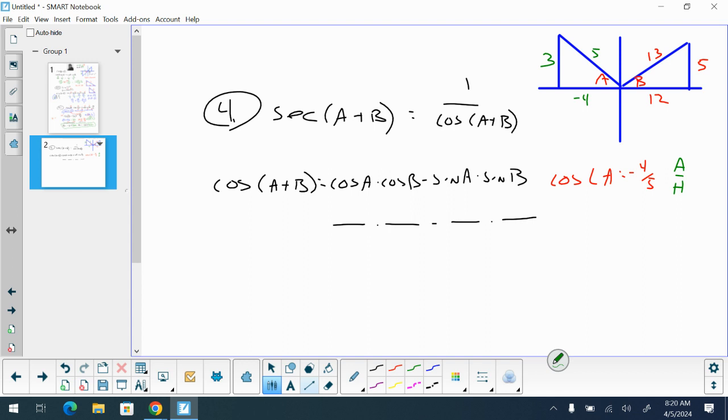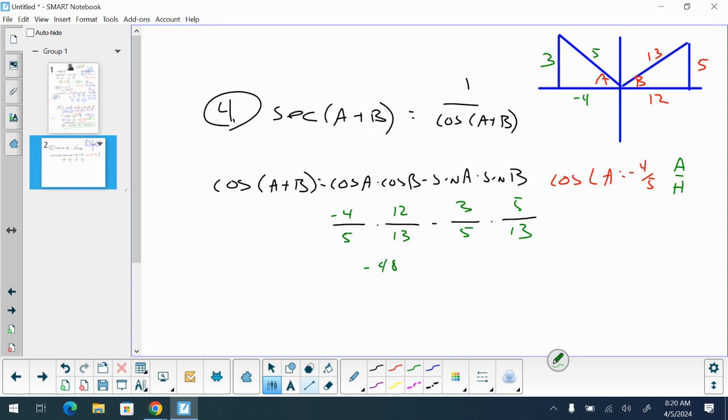Cosine of A, negative 4 over 5. Cosine of B, 12 over 13. Sine of A, 3 over 5. Sine of B, 5 over 13. Okay, we multiply.